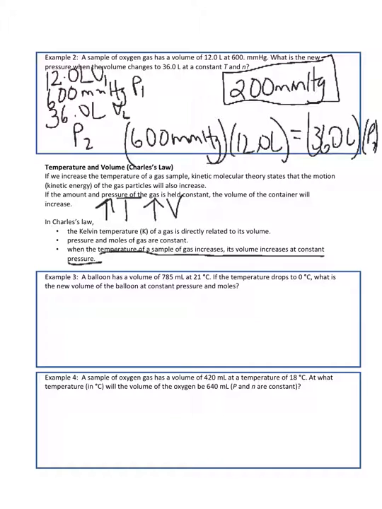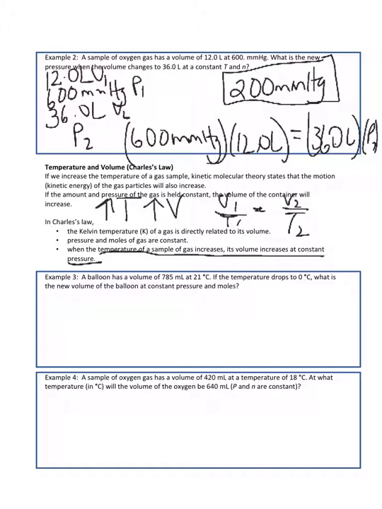If you decrease the temperature, you decrease the volume. Charles' law in mathematical formula is V1 divided by T1 equals V2 divided by T2, because this is a direct relationship and not an indirect relationship like the previous one.